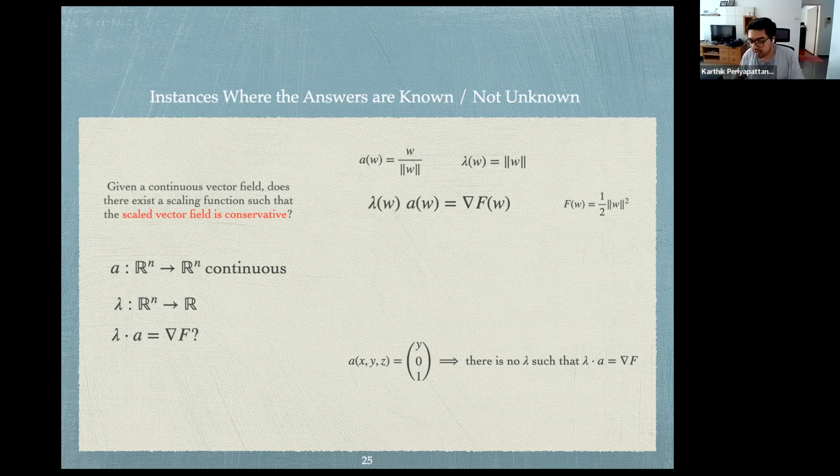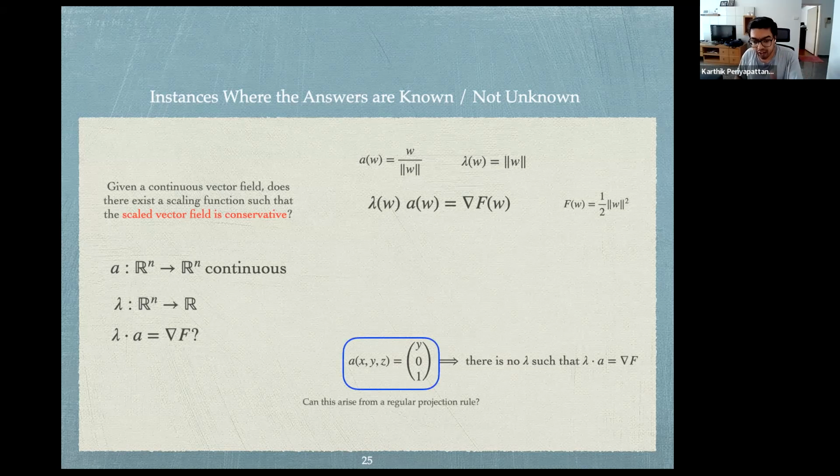Let me just complete one more statement that I had to say. We of course have this counterexample, but whether this vector field A actually arises from a regular projection rule is itself the question for which we don't have an answer. So just to answer Vincent's question, we are not starting with an F and asking what kind of projection rule it satisfies.